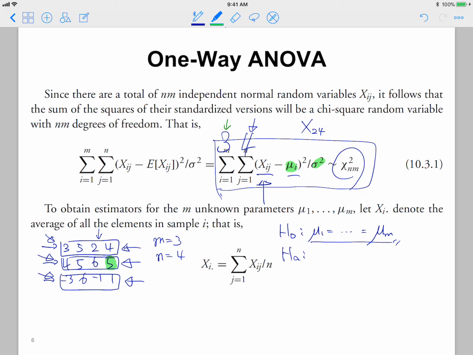Our assumption is that even if the means are different among different groups, their variances are the same. If we standardize in this manner and sum over all the individual observations, it follows the chi-square distribution with degrees of freedom n times m.